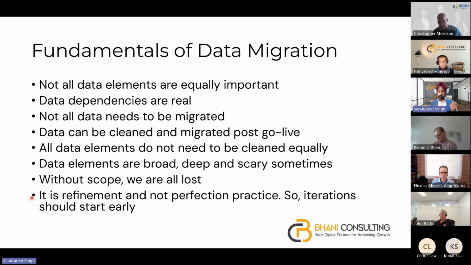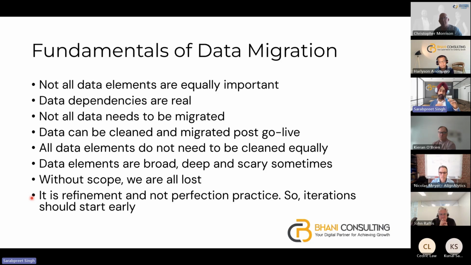Instead, it should be iteration 1 this month, iteration 2 the second month, and the final iteration in the third month. In each iteration we improve, we fix, and then we continue that process. The sooner we start, the better. But data migration is never about getting the complete list or complete cleansing. It is always about iteration. In each iteration we improve and find issues.